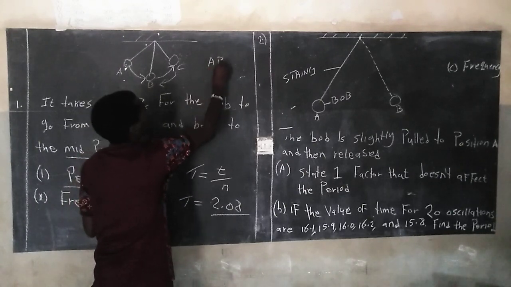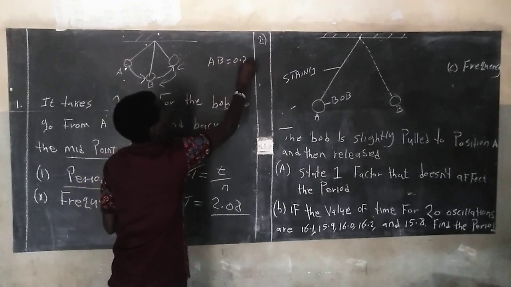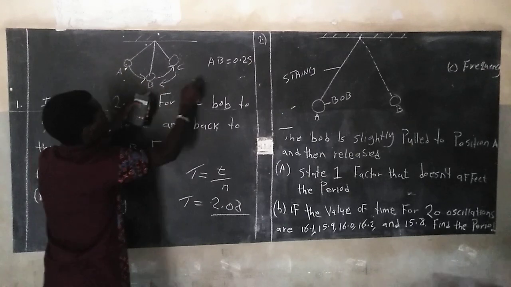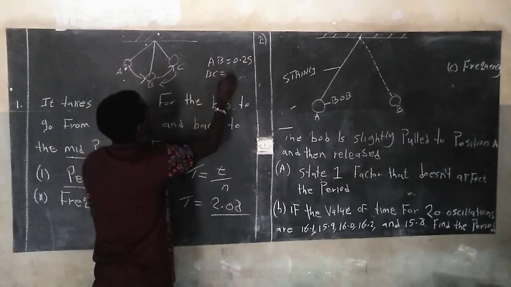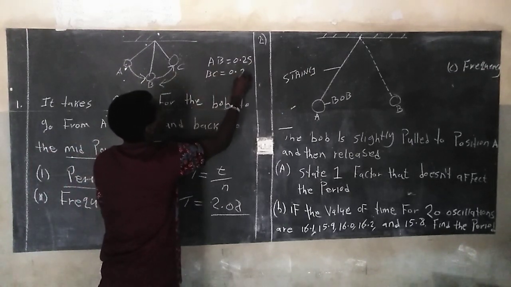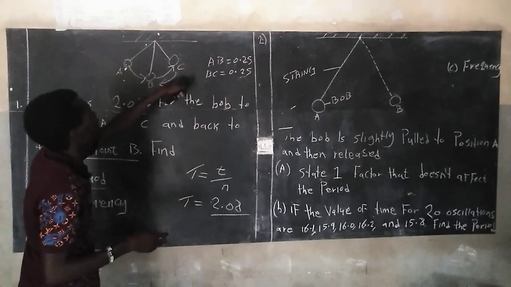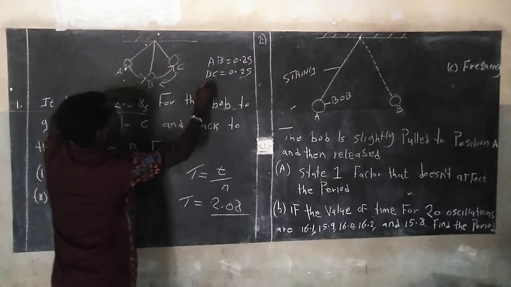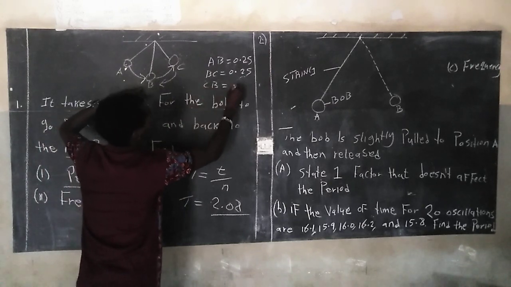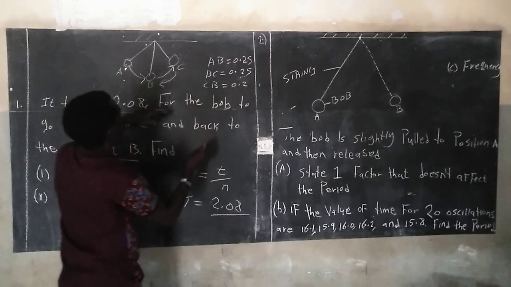From A to B, it's 0.25. What about from B to C? B to C is 0.25. So here 0.25, here again 0.25. Again from C to B, it is 0.25.